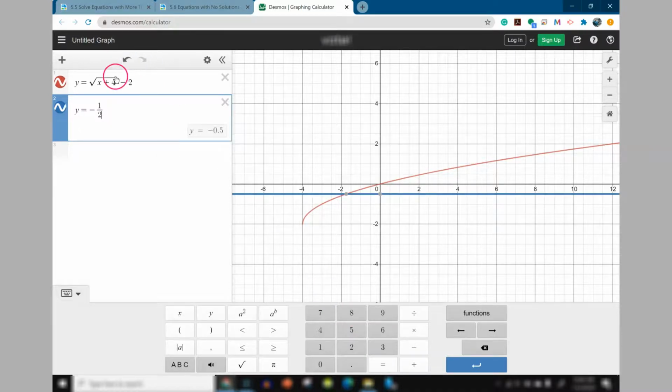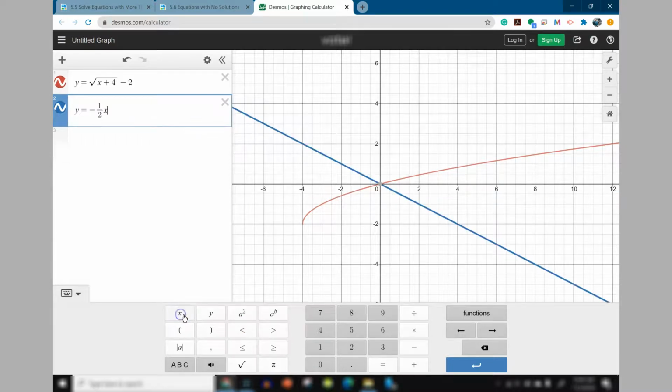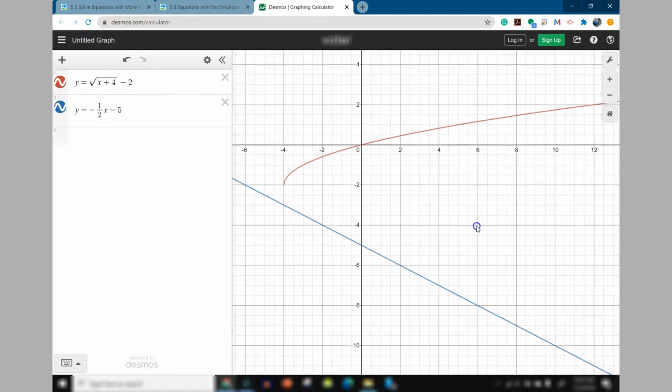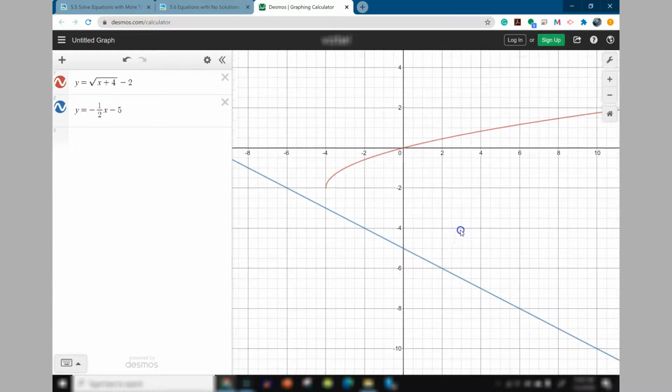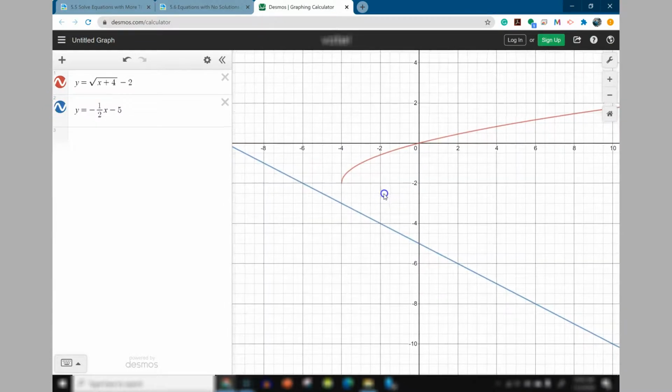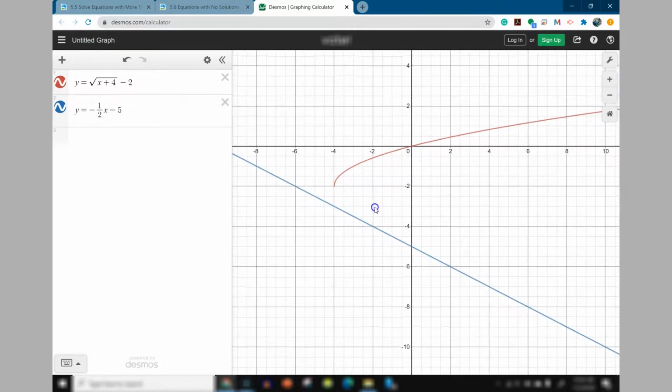But just like our square root symbol from earlier, we now want to get off of the denominator of this fraction and onto the next part of our expression. So we hit the arrow to get out of the fraction and continue our expression, x minus 5. Now our two graphs are both plotted on Desmos.com, and now we can make our determination.